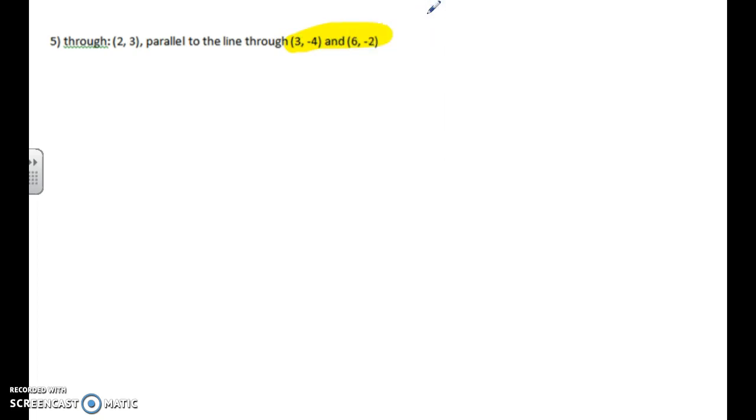So first thing I'm going to do up in the corner is find the slope between those 2 points. So my slope for those 2 points is 2/3. And since I want a parallel situation, I'm going to use that 2/3 along with that new x and y, 2 and 3, and plug those in.